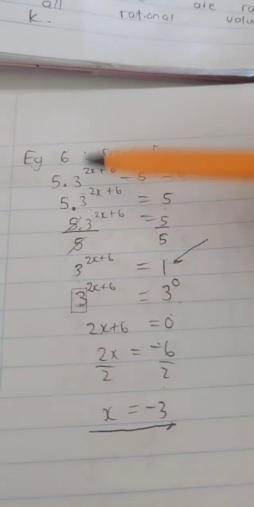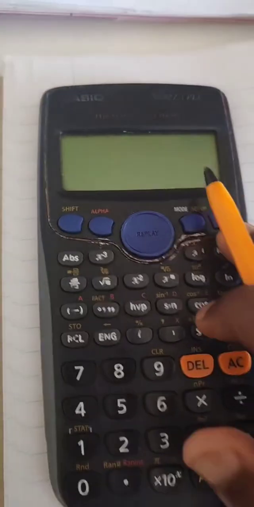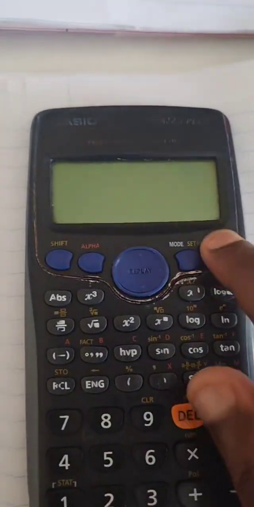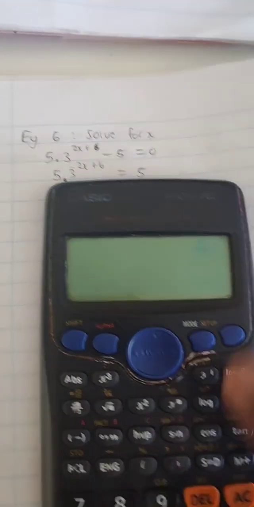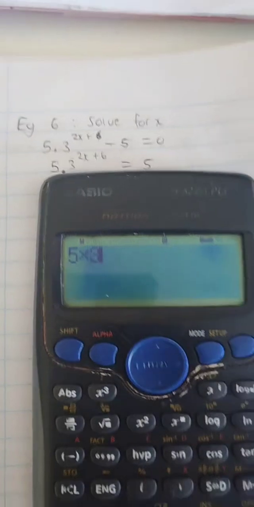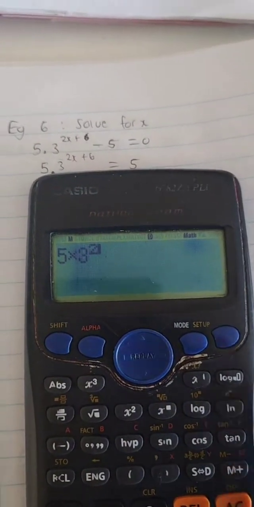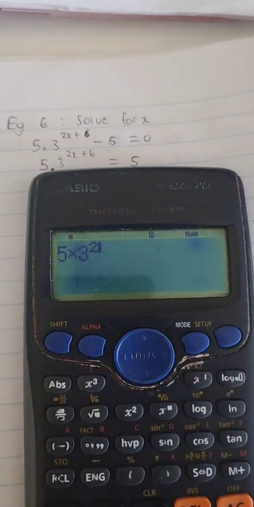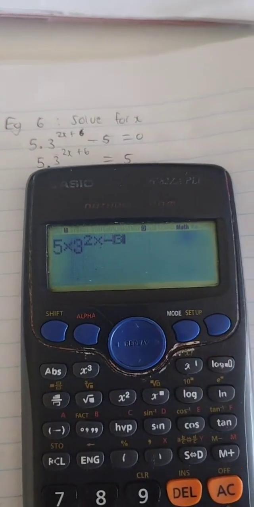And in all situations, you can always verify your answers quickly with your calculator. I'm just thinking if I substituted the negative 3 there, that's 5 times 3 to the power, so the exponent 2 multiplied, we're multiplying by negative 3, remember?